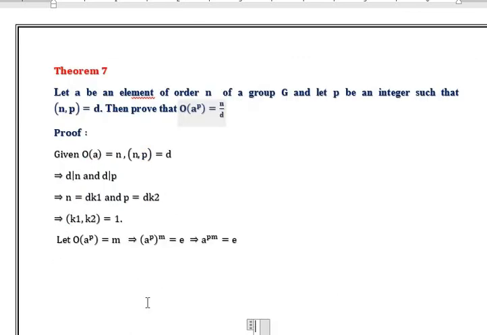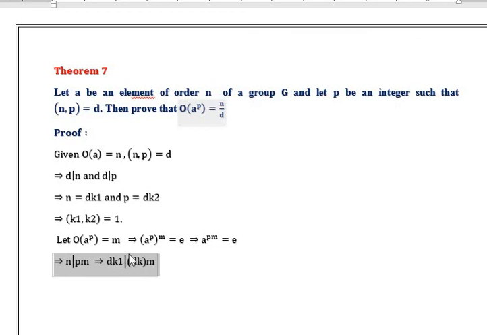Let order of a^p be equal to m, which implies (a^p)^m is equal to e, that is a^(pm) is equal to e. a^(pm) is equal to e implies that n divides pm, which implies dk1 divides dk2m, because n is equal to dk1, p is equal to dk2.